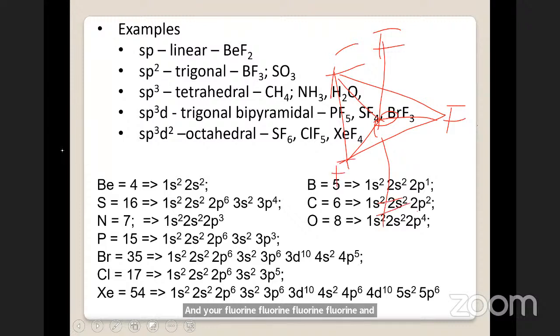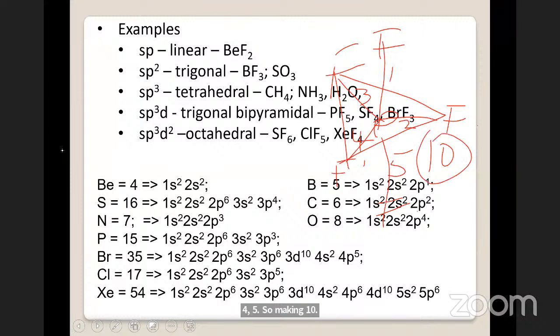Now, this is the reason why this molecule did not obey the octet rule. Because if you count the number of bonds around phosphorus, you have 1, 2, 3, 4, 5, so making 10 electrons instead of the 8 that the octet proposed. So you have a trigonal bipyramidal structure.